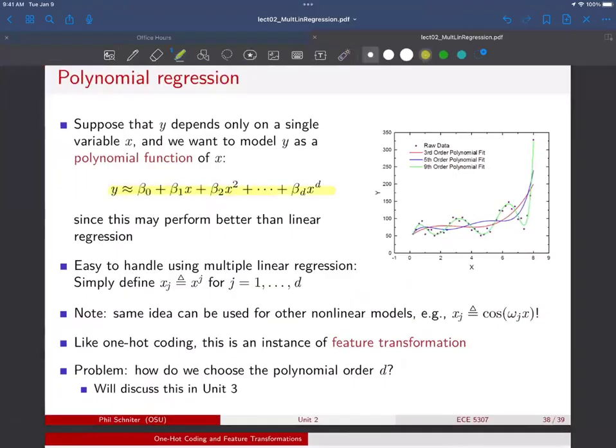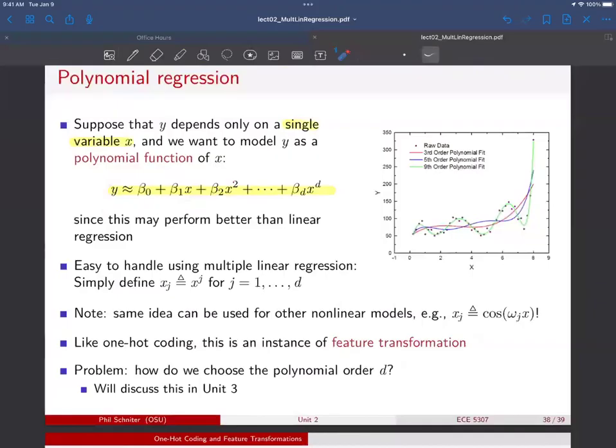But also a realization that even though it sounds like the model we've been using is very weak because it's only using linear functions of our features, you can actually do a lot of cool stuff by doing some nonlinear processing of features to make much more interesting feature sets. So for example, if we had a single variable x, we could do linear regression, which would only basically be using this model.